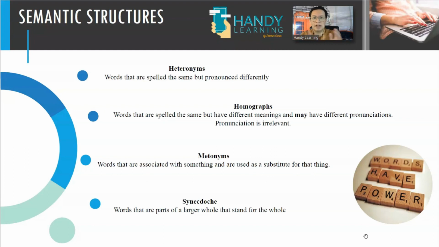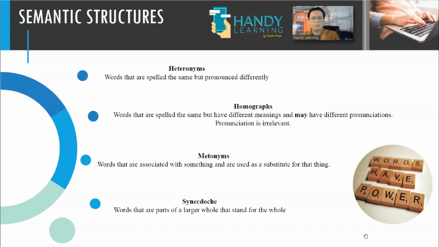When we say the crown has made a decision, that could be a queen or a king who has made a decision. So we use the word crown to represent a whole concept. That is a metonym. In the case of a synecdoche, the word that we use needs to be part of the whole thing that it stands for.